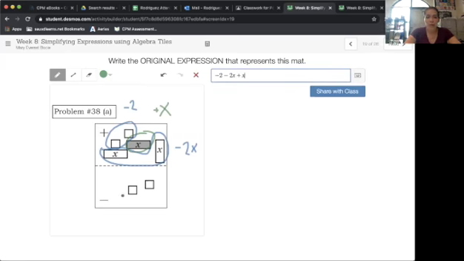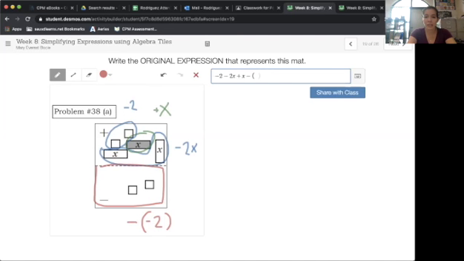And then I see two tiles on the bottom, but because they are on the opposite side, they're going to be written with a minus parentheses. And then since they're not shaded means negative, so it would be -2. So then I would put it as minus parentheses -2.